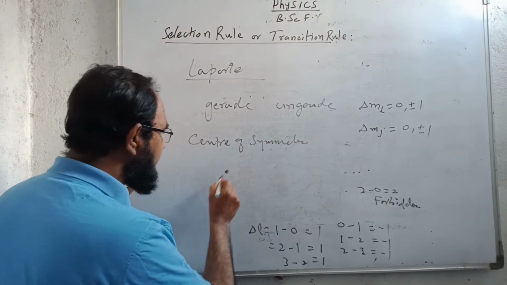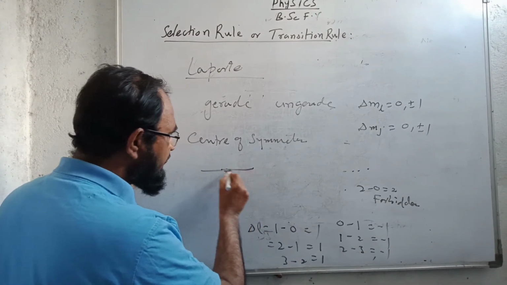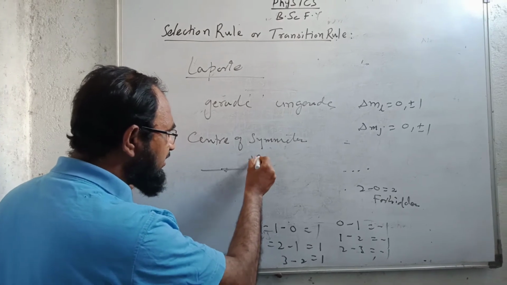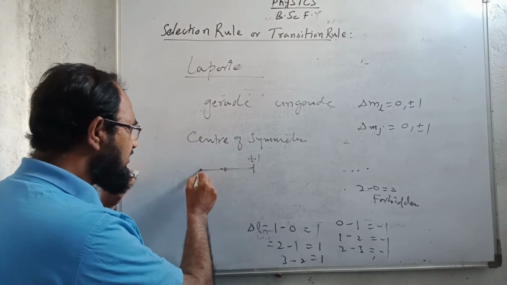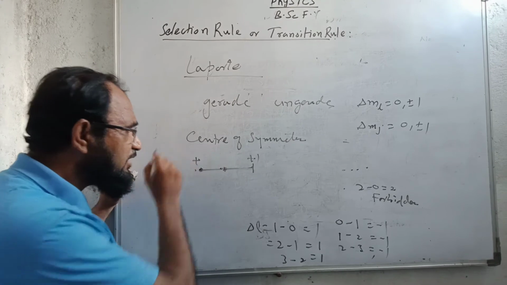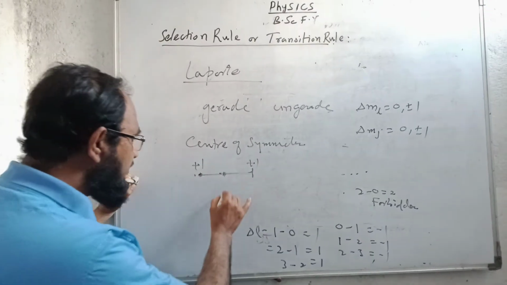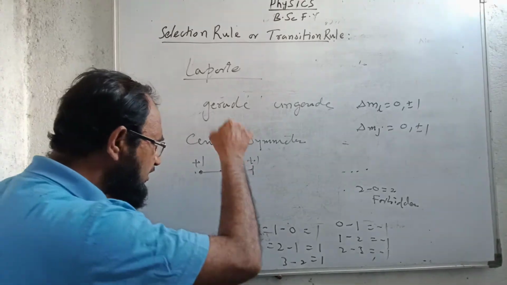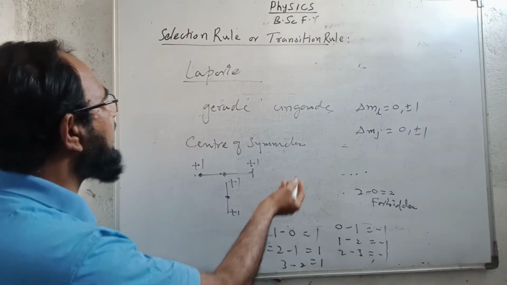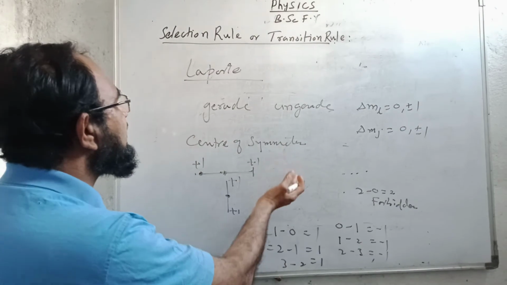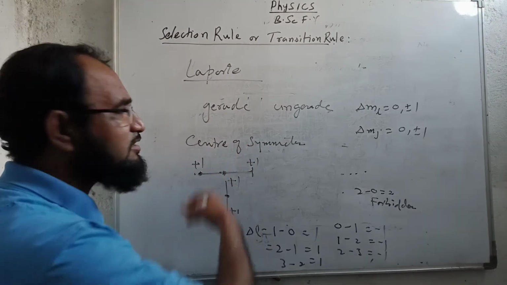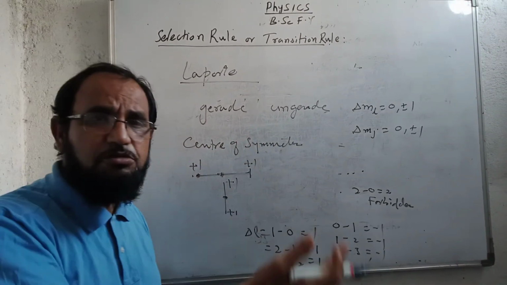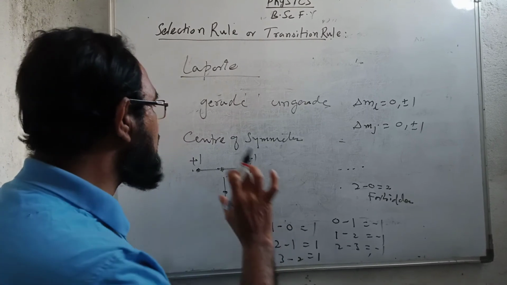Suppose here there is a center point, and if we travel plus 1 in one direction from the center, then we should travel plus 1 in the opposite direction also. Plus 1 upward from the center, plus 1 downward from the center, or plus 2 to the right, plus 2 to the left, and so on; the same position should be obtained.